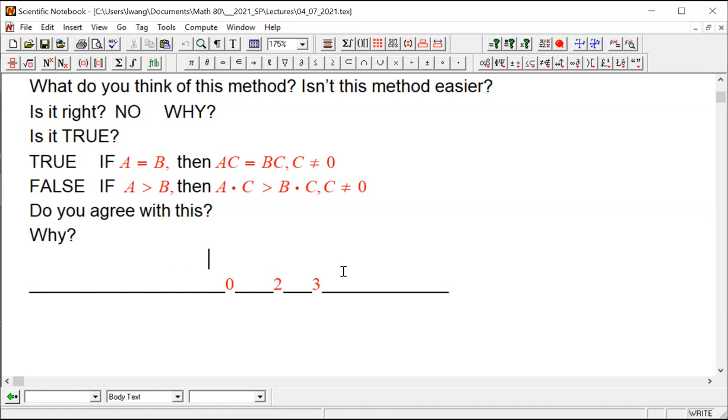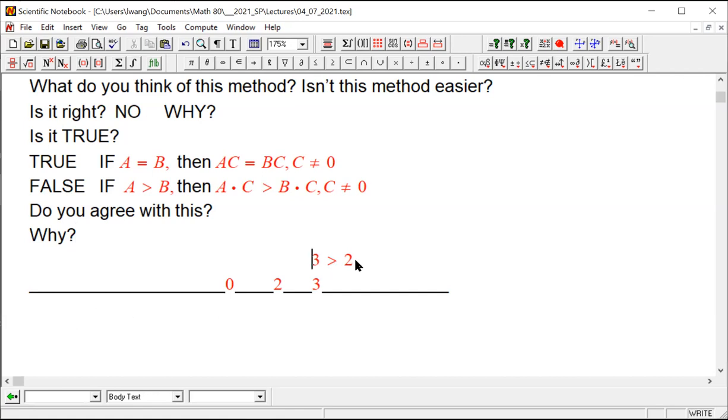Could I say 3 is larger than 2? Is that right? 3 is larger than 2.